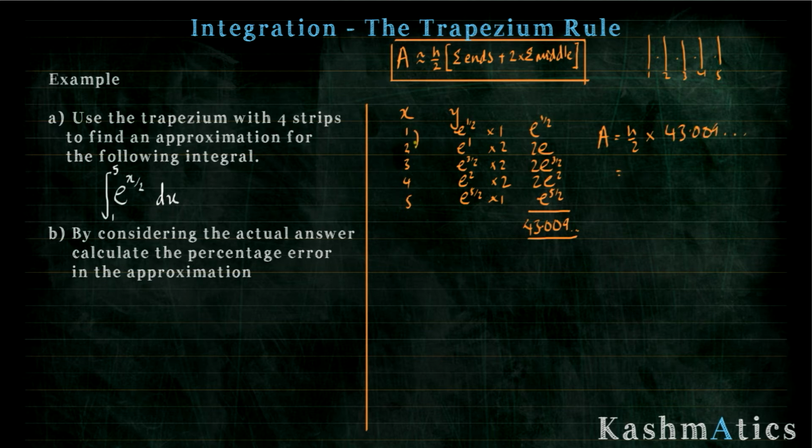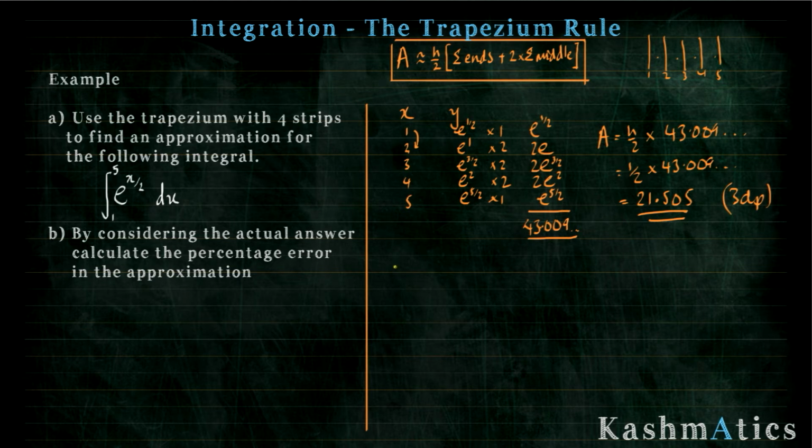That's the distance between the ordinates. The distance there is 1. Divided by 2 gives me a half. So it'll be half times 43.009. And I end up with 21.505 to 3 decimal places. Now again, I'll store that answer in the memory just to keep everything as accurately as possible, but that's part A of the question done.